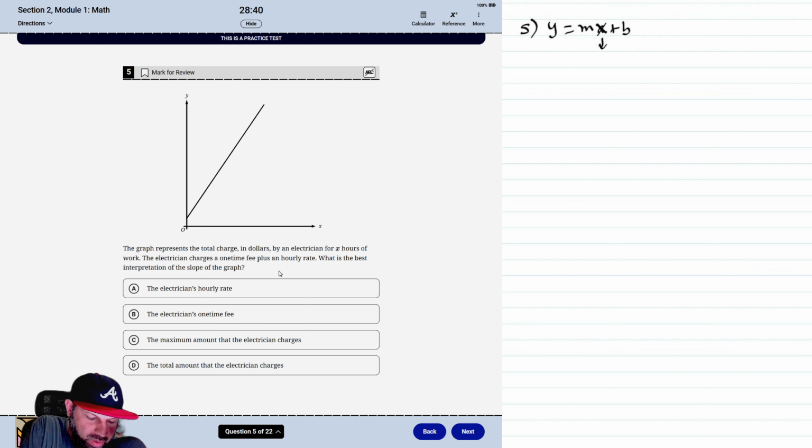So the slope m is going to represent the rate per hour, and then when you multiply it by x, you will get the total charge for the number of hours worked, and b here represents the one-time fee.